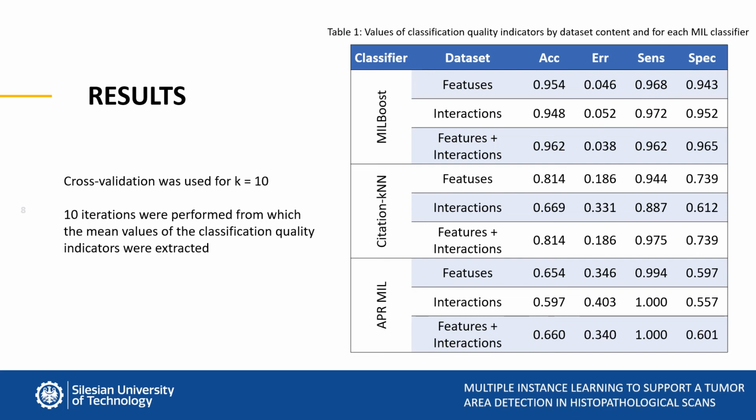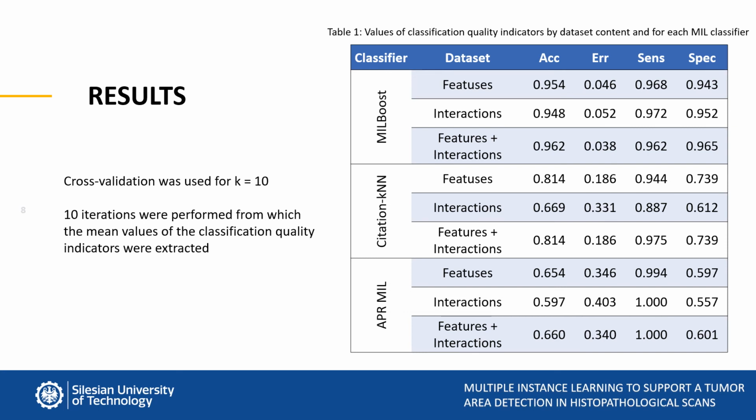This is a very good result, especially as the second best classification quality was the Citation KNN method with results of about 81%. An important advantage of MILBoost is the fact that after training all weak classifiers, the individual cases are reweighted. This method limits overfitting.